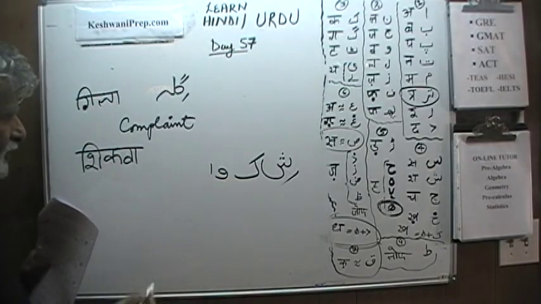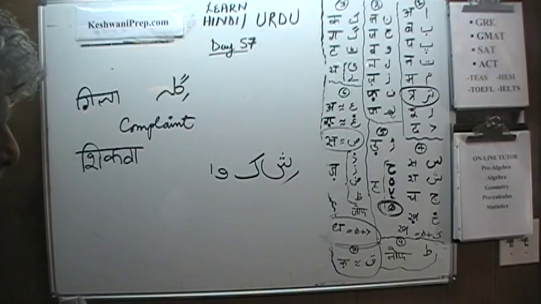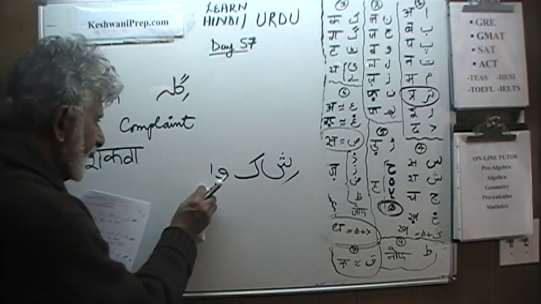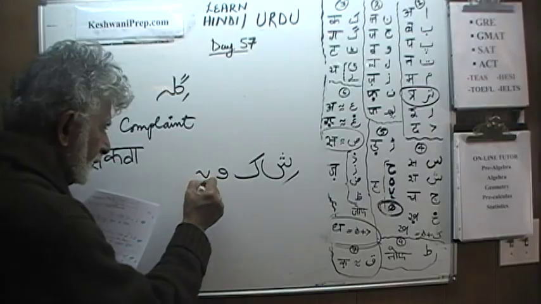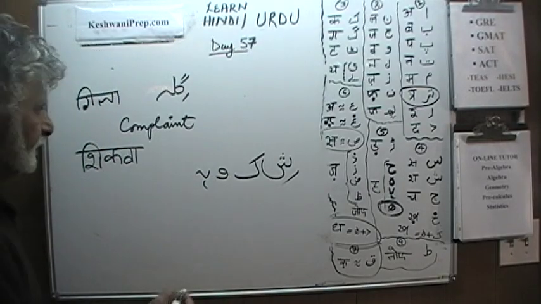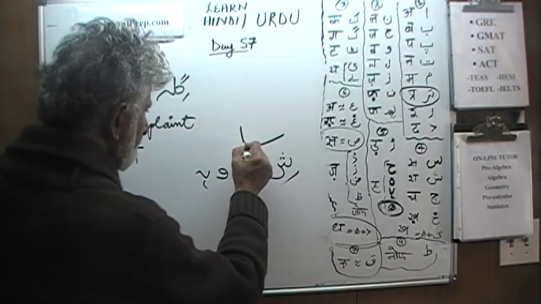Shikwa. Shikwa, gila, same thing. It means complaint. And again, shikwa will not end with an alif, it will end with a he. Let's put them together. Shikwa, sho, ko, wa.